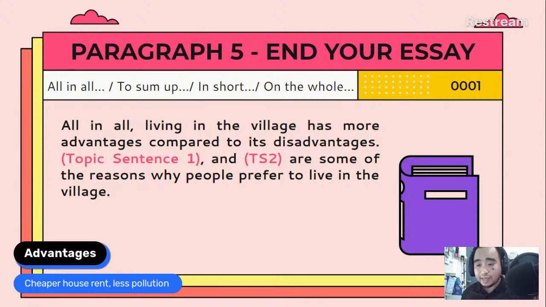Cheaper house rent and less pollution are some of the reasons why people prefer to live in the village. So just take the first sentence or the first phrase that you use to introduce a topic as the topic sentence. Dah jadi summarizing the whole essay. Okay, as I mentioned earlier, we are not going to introduce any new points in the concluding paragraph, only the summary of the essay.